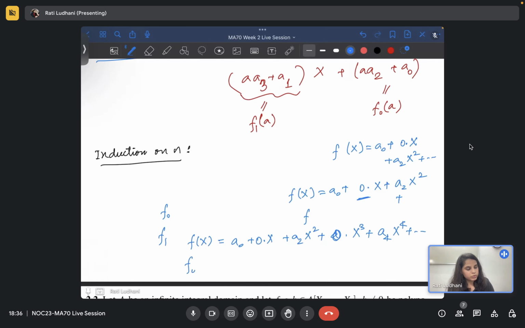Then f0 of x will be what? a0 plus a2 x plus a4 x square, right? My point was not about f of x, it was about f0 of x itself, because you said it has to be strictly f0 of x square and not f0 of x.